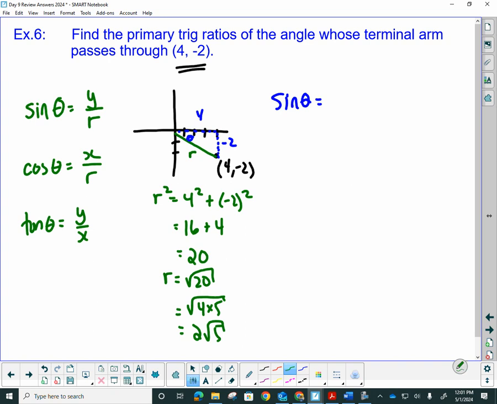So back to what I was doing, sine is opposite over hypotenuse, so that's going to be negative 2 over 2 root 5, and that will reduce to negative 1 over root 5.